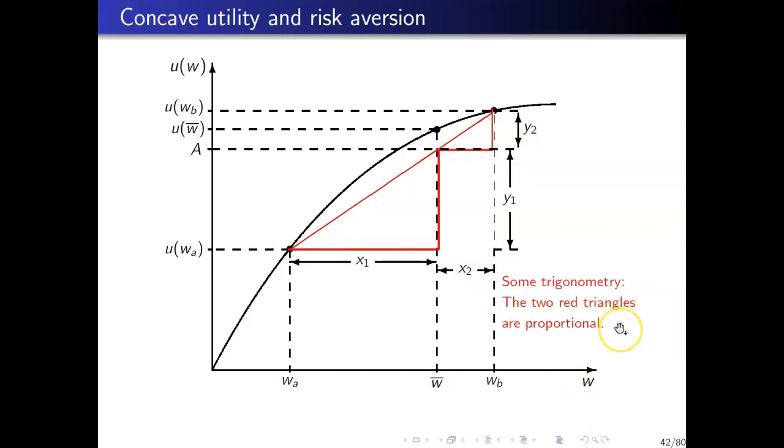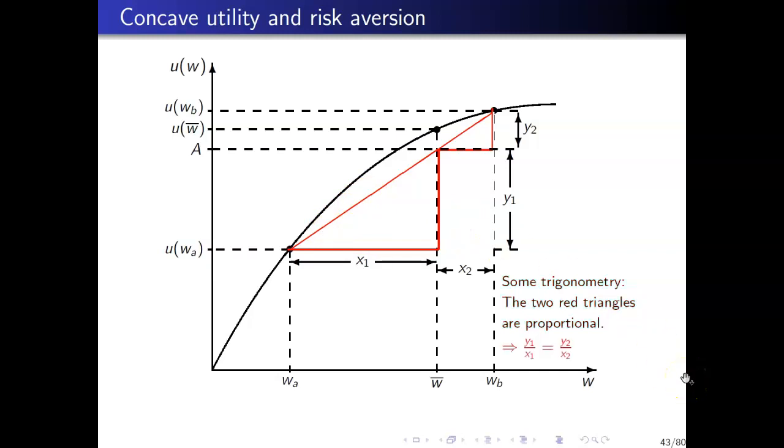Now some trigonometry. These two triangles here are proportional. By cutting the pieces of one right triangle and forming smaller right triangles within the first larger triangle, we get triangles that are proportional. Any triangle I could form here on the hypotenuse would be proportional.